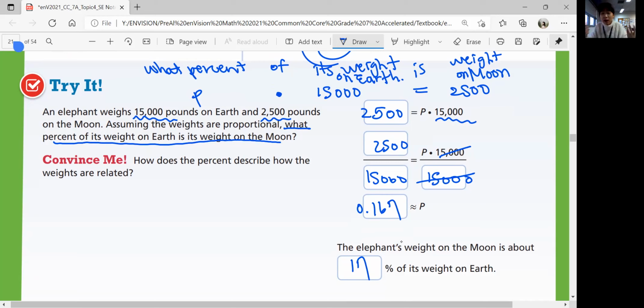If the elephant weighs 100% on Earth, then on the moon you're only going to weigh 17%. So it describes the weight of the elephant on Earth compared to the weight of the elephant on the moon. Let's write that down.